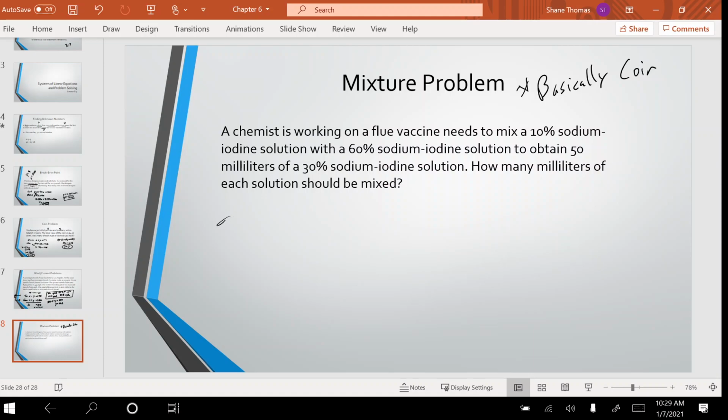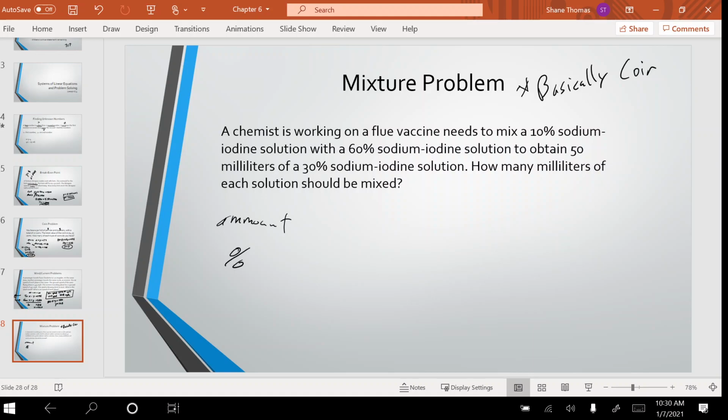We're looking at amount and we're looking at percentage, for the lack of a better word for the problem.